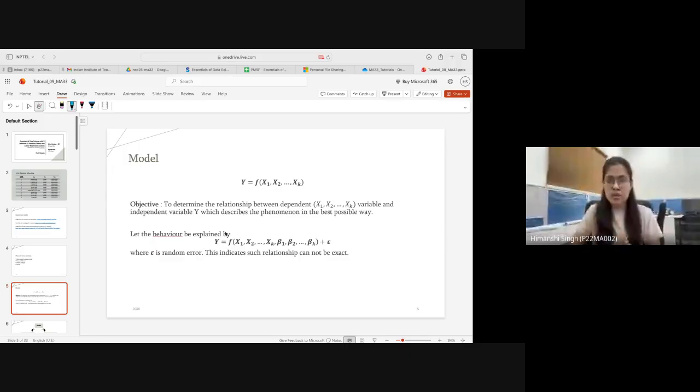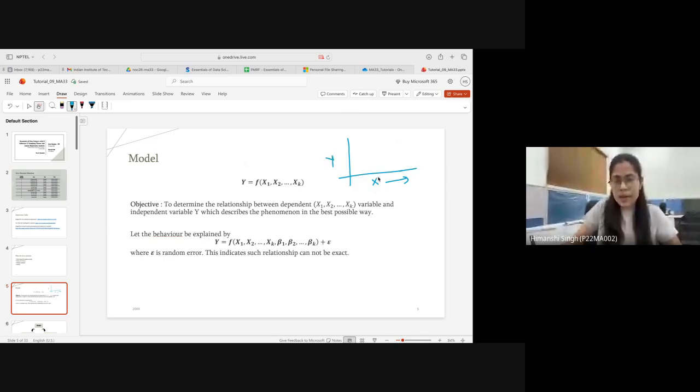Now this relationship can be linear, it can be non-linear. So for example, in order to have a pictorial view, if this is the observation x, and here this is y.